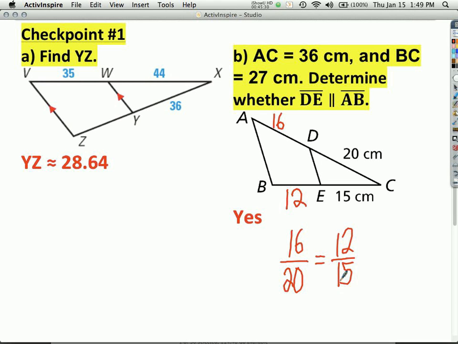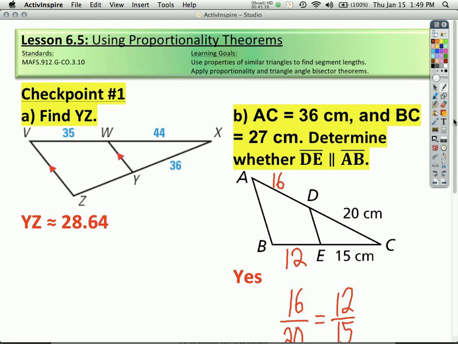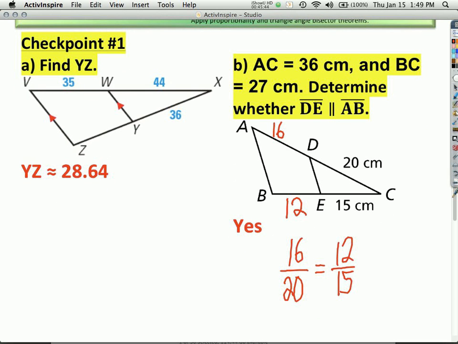Did anyone do a different proportion? Okay. Yes, Kadir? I think if they're parallel, the proportion would be like 20 over 6 or 16 over 20, which equals 4 over 5.